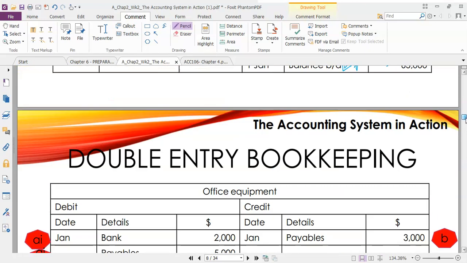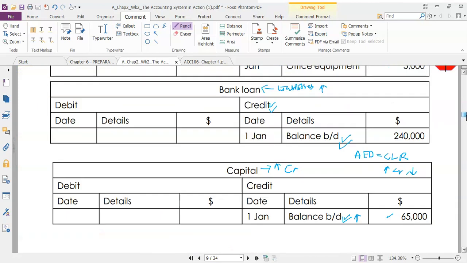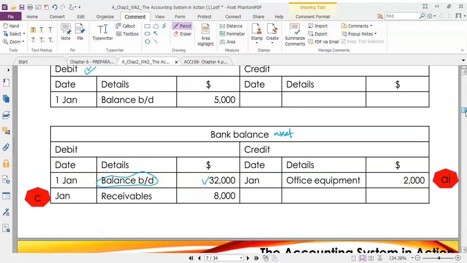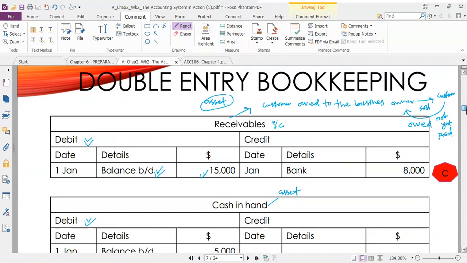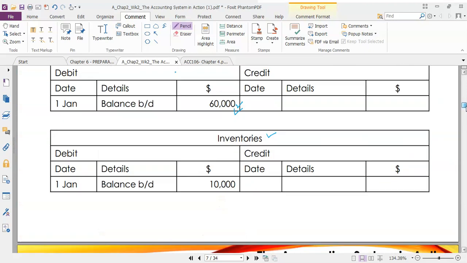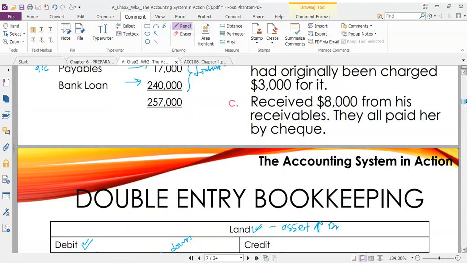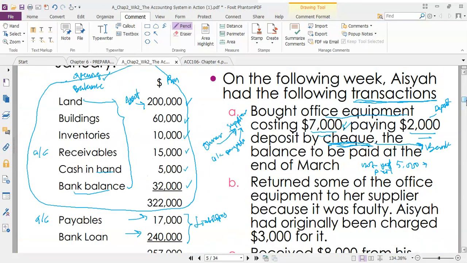Okay, office equipment, we don't have any balance BD. So we must open the T account and then put on the balance brought down inside the ledger or account, and after that you must look at the transaction.